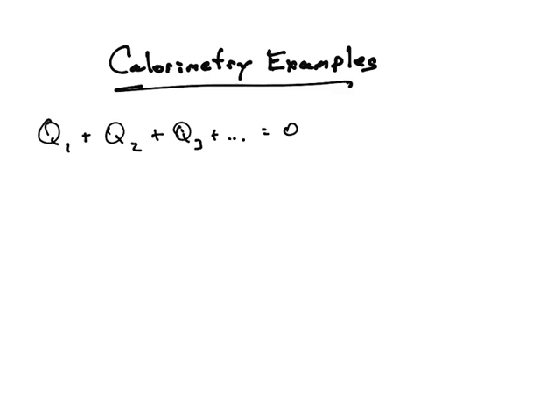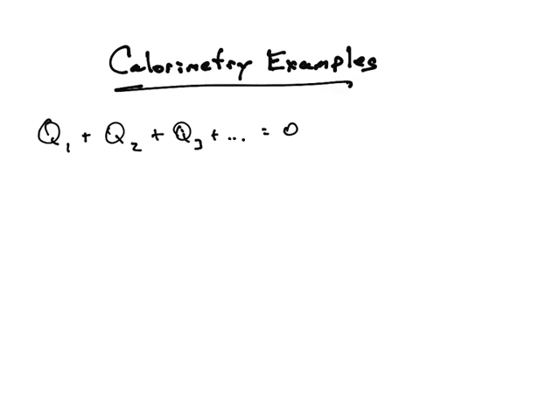If you have one piece of your system which loses energy, that can only be true if some other piece or multiple pieces gain that energy. And so the total change in the energy must be 0. Whatever's lost is gained, and whatever gained is lost.